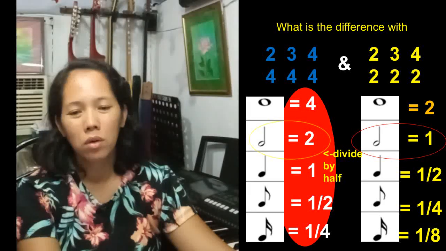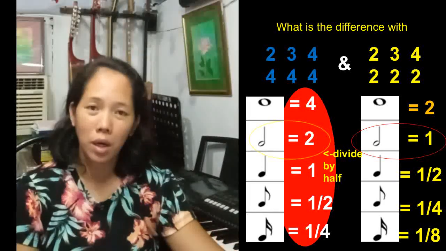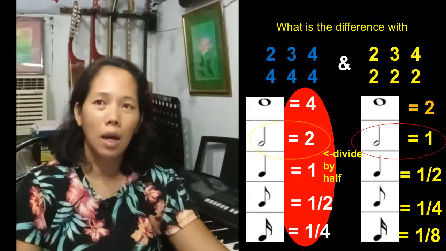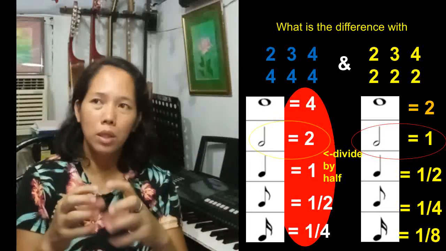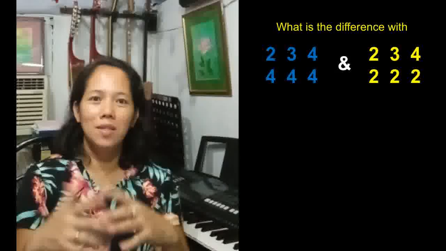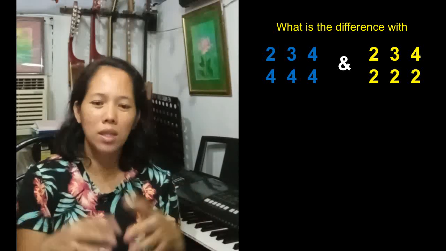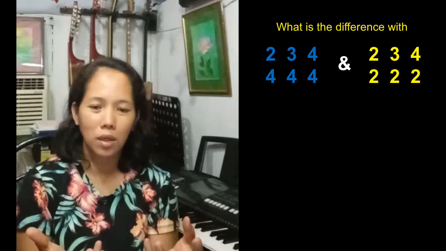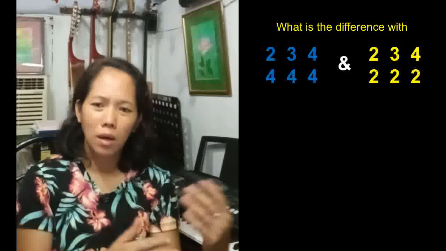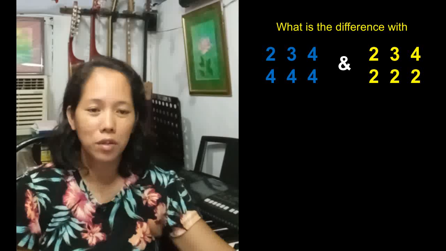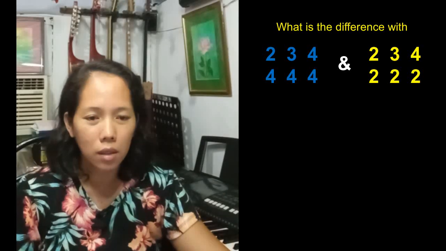Now, to check the reason why, we are going to factor out again. And when we factor out, when we separate or dissect each note as to what is inside each note, like what we did earlier. No? So, let's do this.